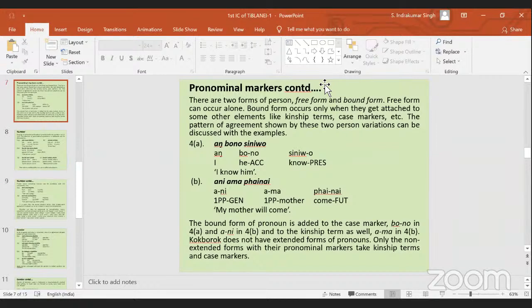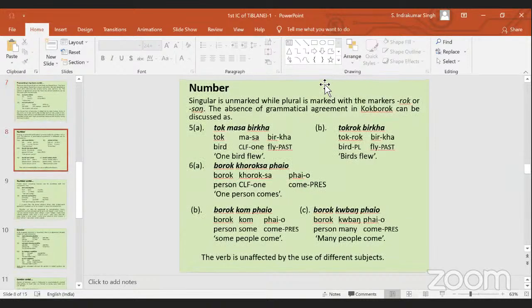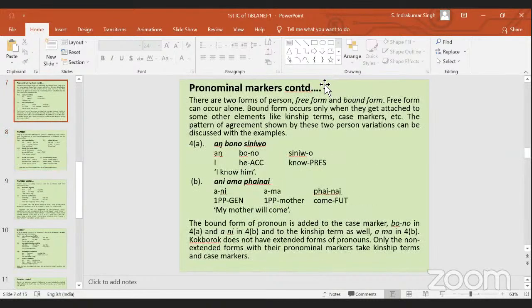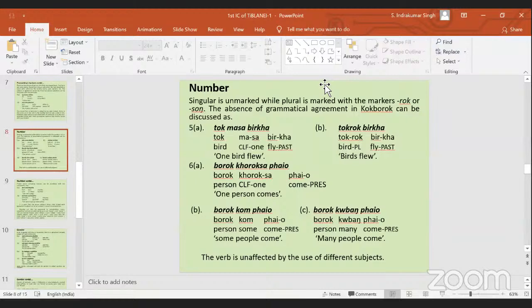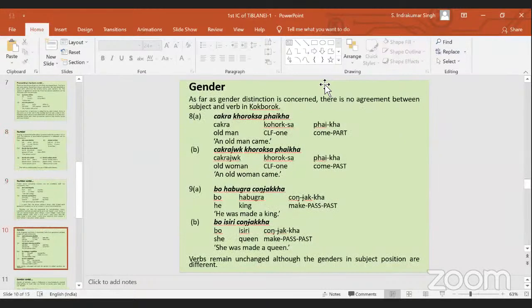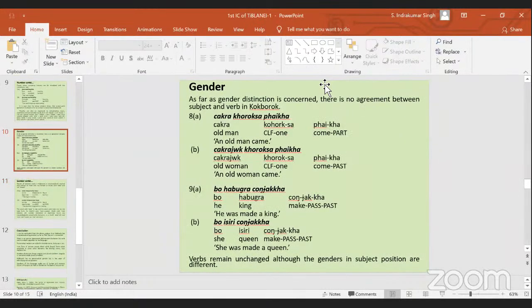Ani ama finai, my mother will come. But in another one, there was ani ama. What is that?